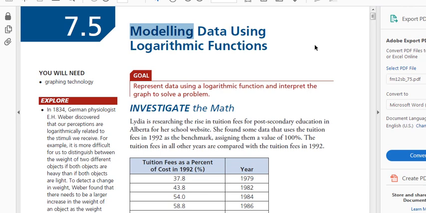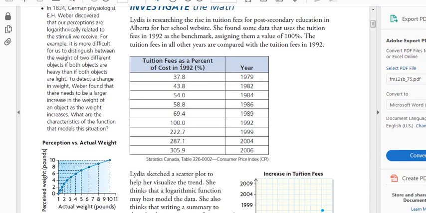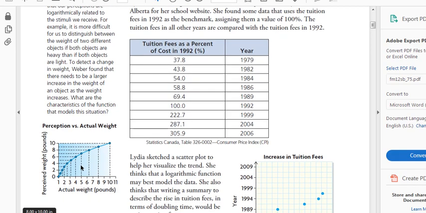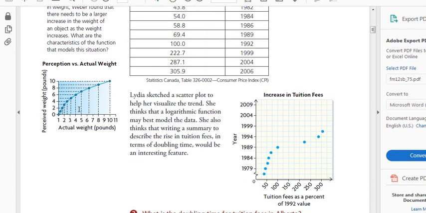All right, so in 7.5, let's look at this example because it's got a graph here as well. We won't get into the context, but this obviously is some kind of logarithmic function, right? It grows, but then it trails off and levels out a bit.